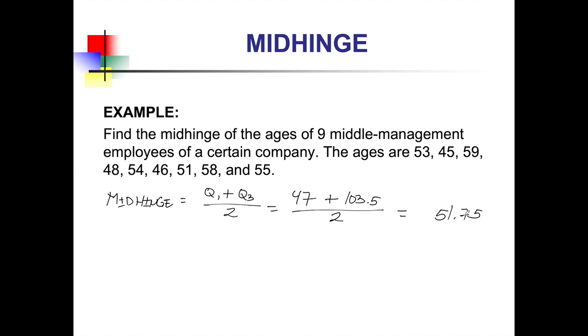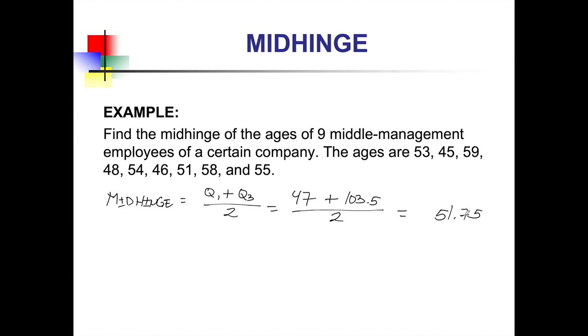Again, midhinge is the mean of the first and third quartiles. Ang tanong, sir, ang midhinge, since ginawa nating average, ginawa natin yung mean ng ating first and third quartile, ibig bang sabihin, yung value ng midhinge is just the same with the value of quartile 2?